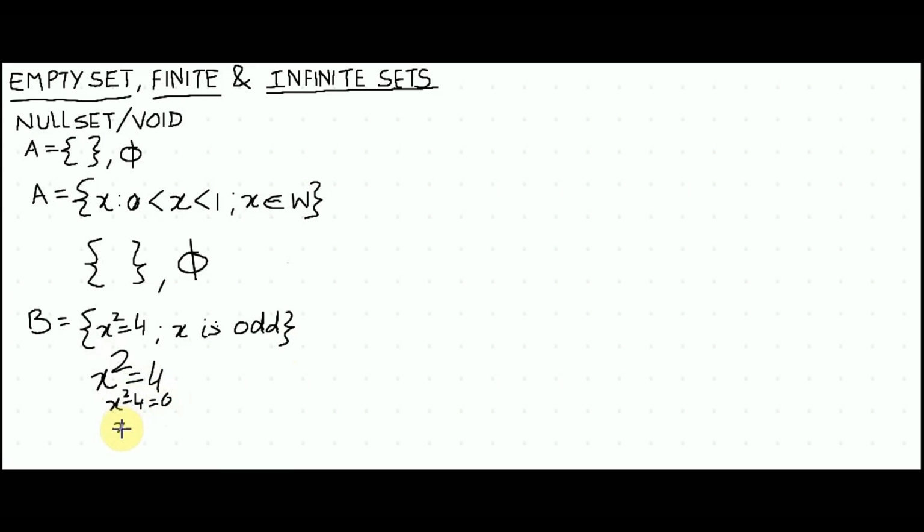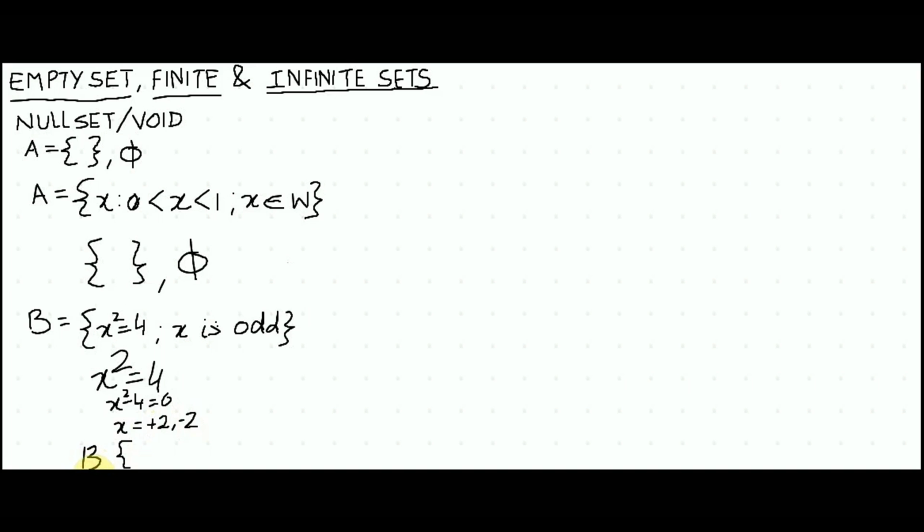So the solutions will be x equals plus 2 and minus 2. Now the other condition written here is that x should be odd, but in this case x is not odd, right? So is there any possibility of writing the set B?